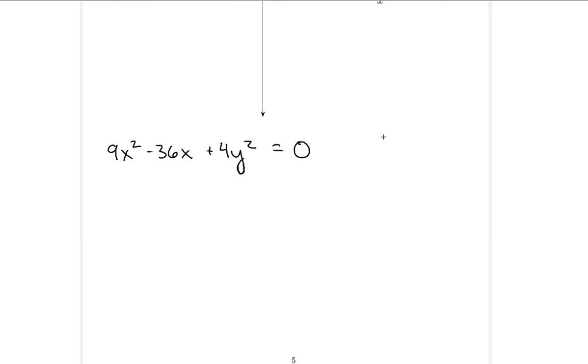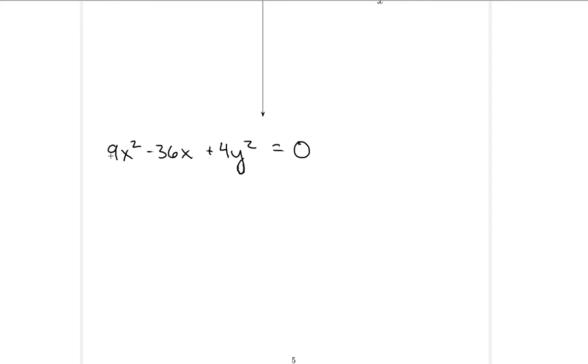Now remember when we worked with circles, if I had a coefficient other than 1 in front of the square term, I factored it out of everything before I tried completing the square, right? We always want to have a 1 in front of our square term when we try to complete the square. So as I look here at the x's, I would definitely want to factor a 9 out of there.